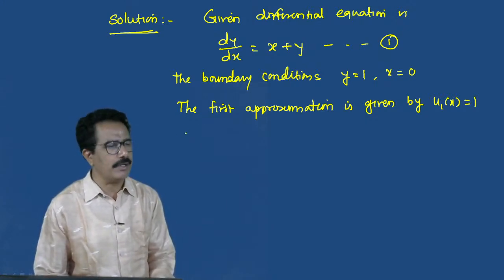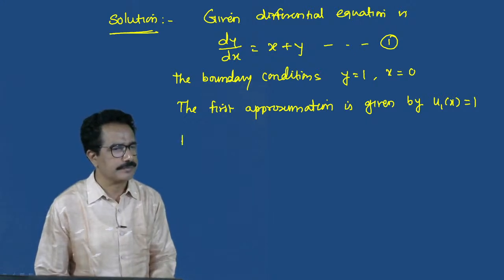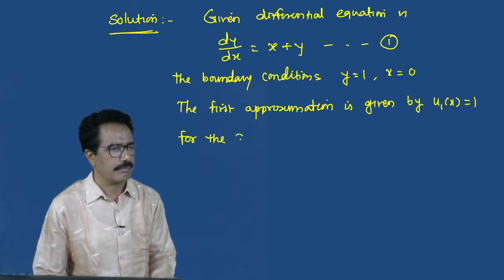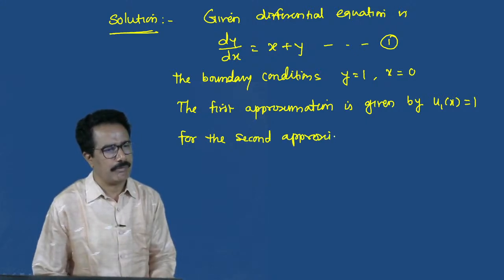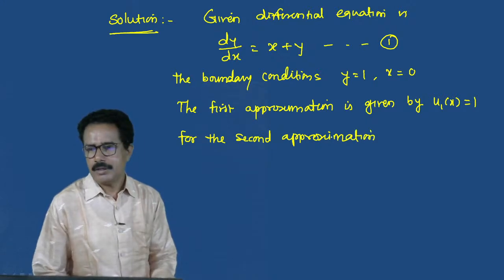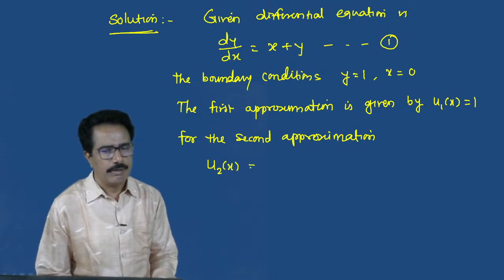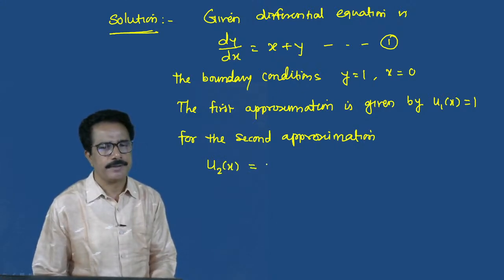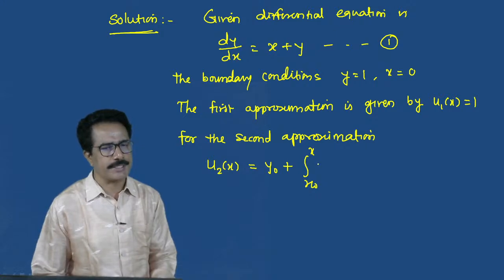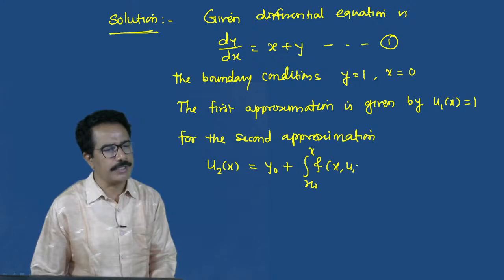For the second approximation, how we can write u2 of x which is equal to y0 plus integral from x0 to x f of x comma u1 of x dx.